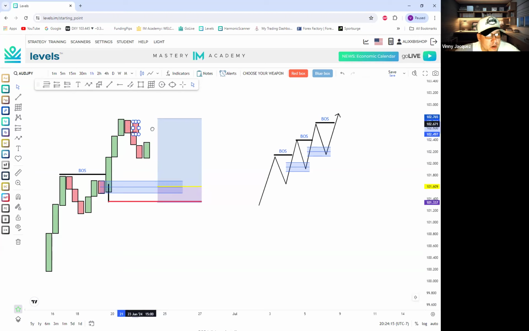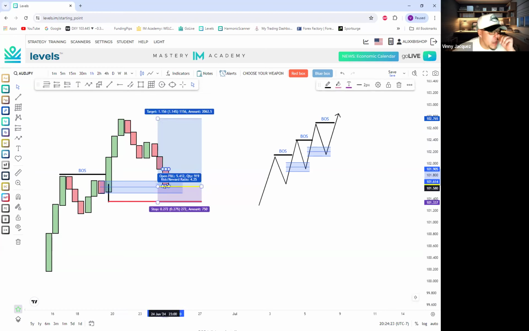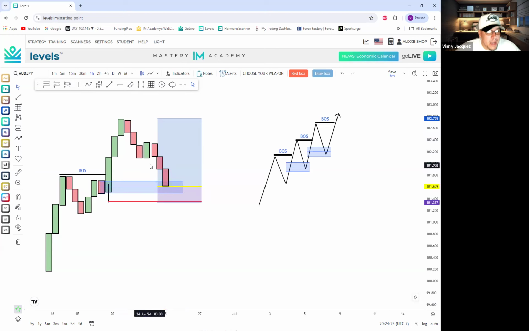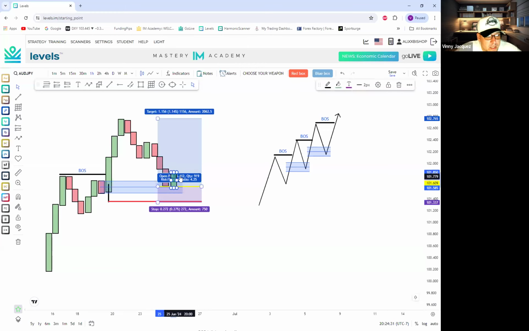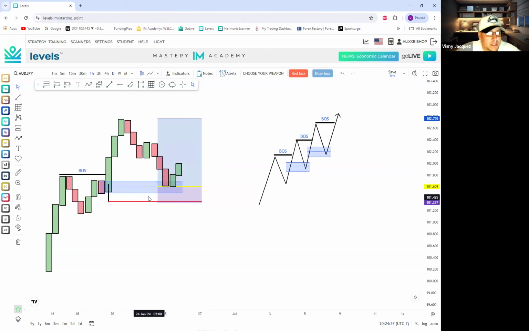Market is going to continue to make structure on the way down. Awesome. It now hit my buy zone, so we're still looking for buys. Now look at this, guys. Market puts me into profit.